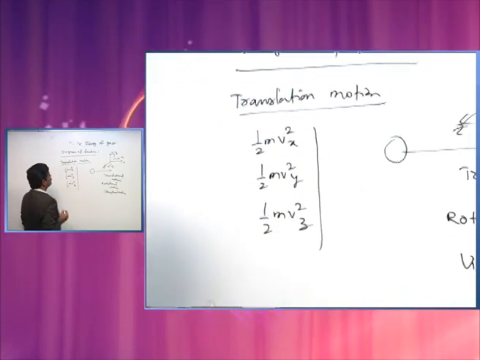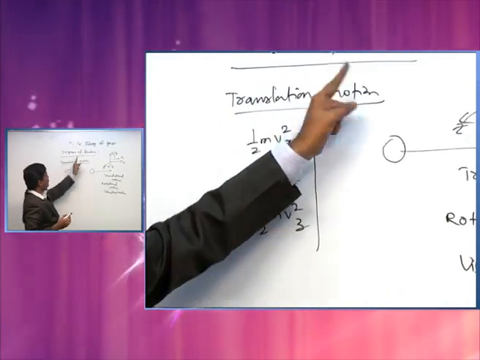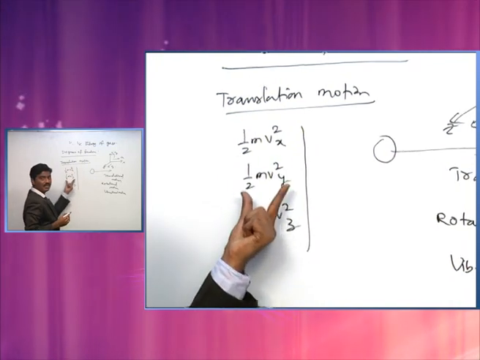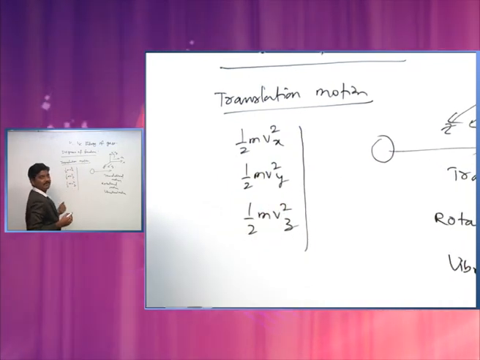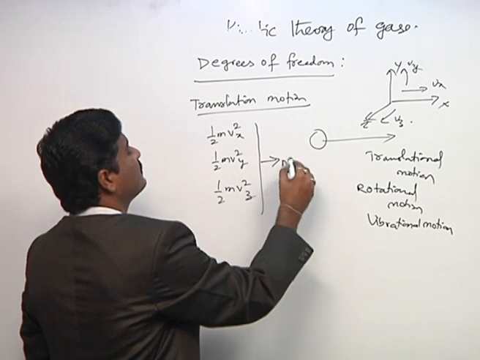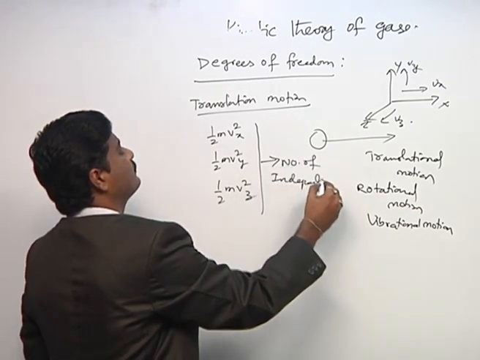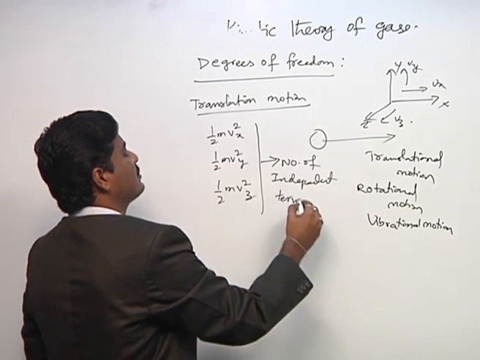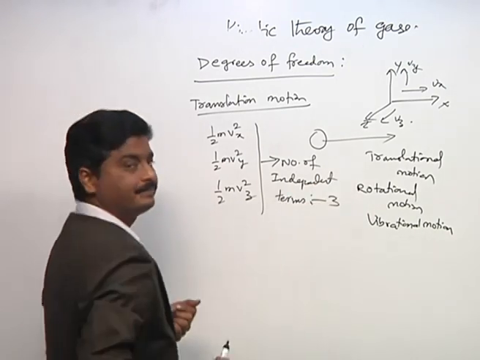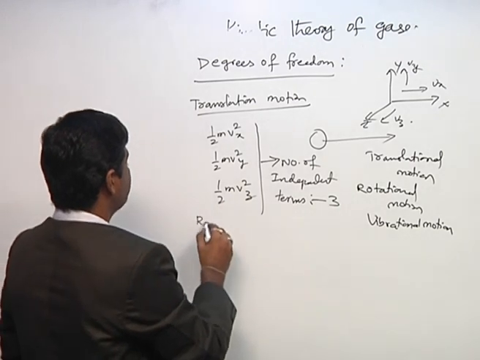So in translational motion, the number of independent terms is 3.